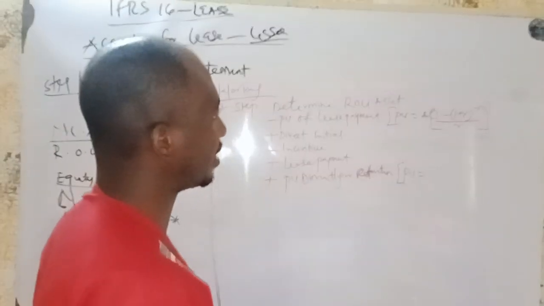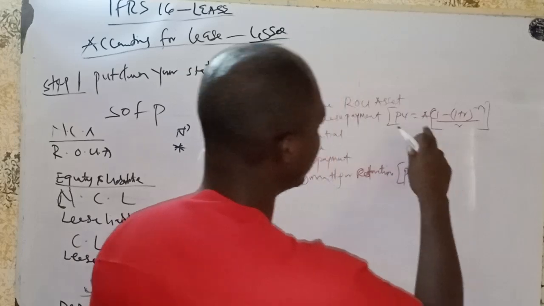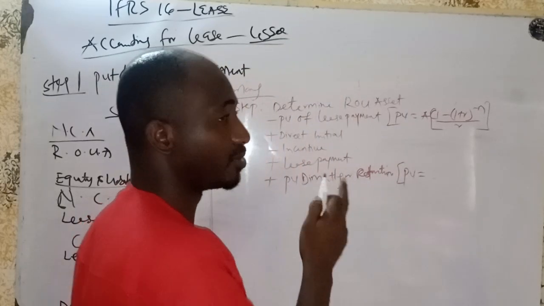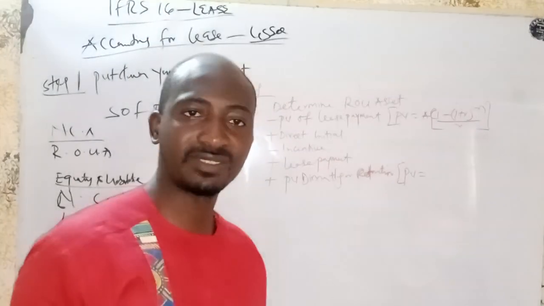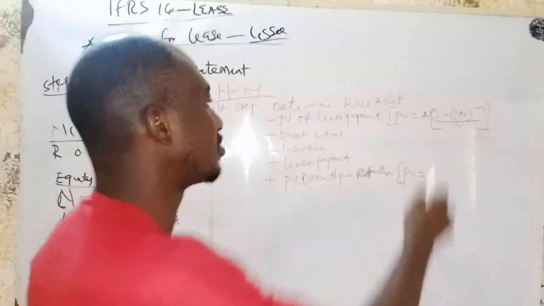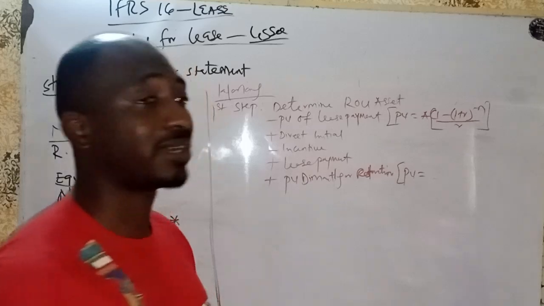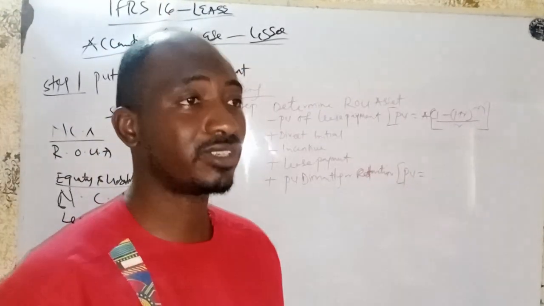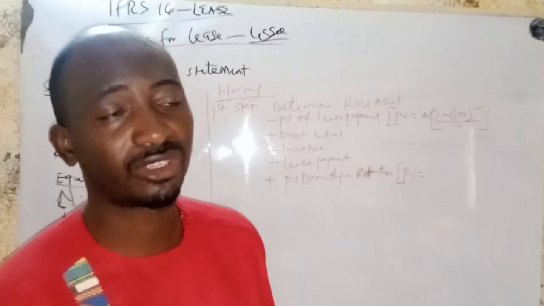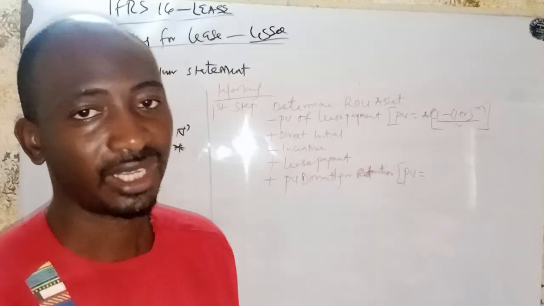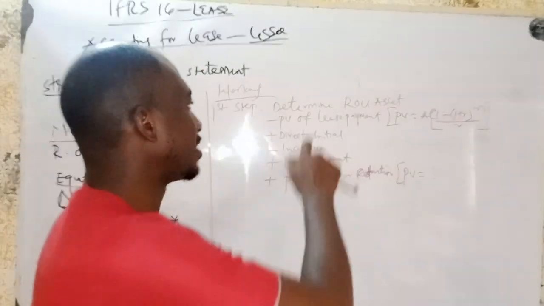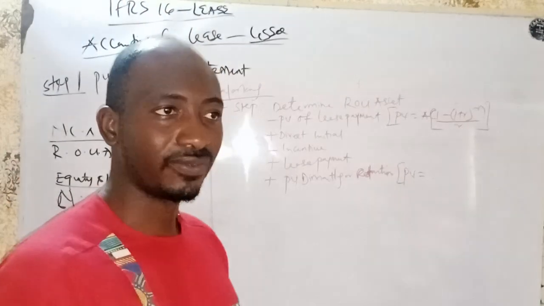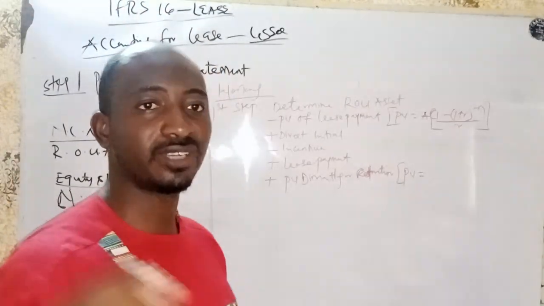But you're not going to use your annuity for this one. Let me state it categorically now: you are not going to use annuity for present value of dismantling or restoration cost. Why? Because it is the amount that you are going to spend in the future that you are discounting into today. For instance, under the lease payment, it is a spread, a cash flow: what is flowing for first year, second year, third year, fourth year, fifth year.